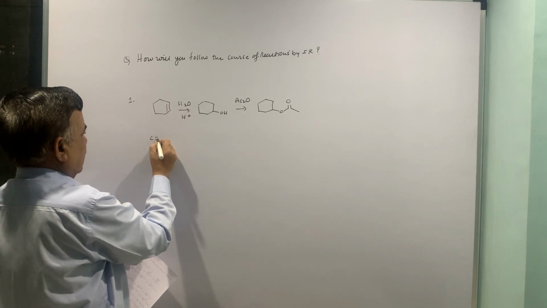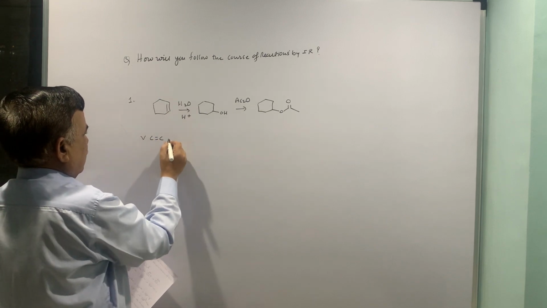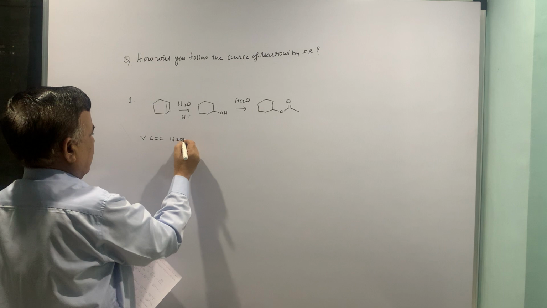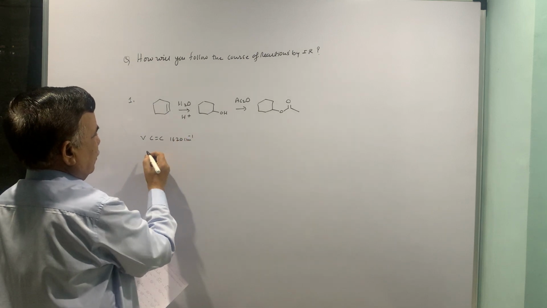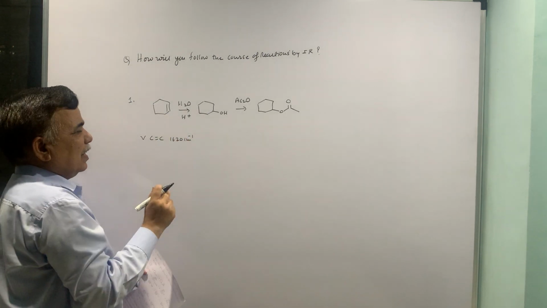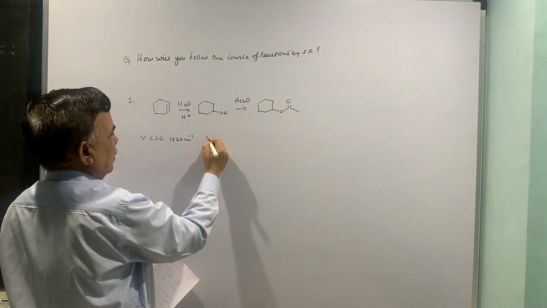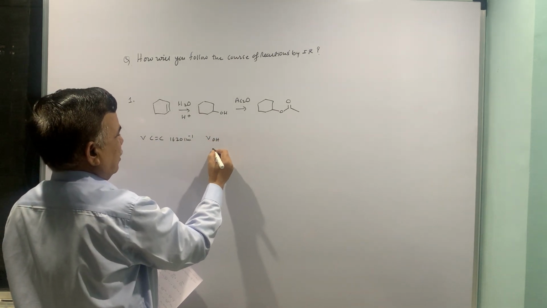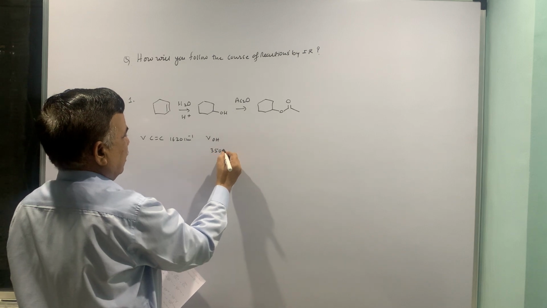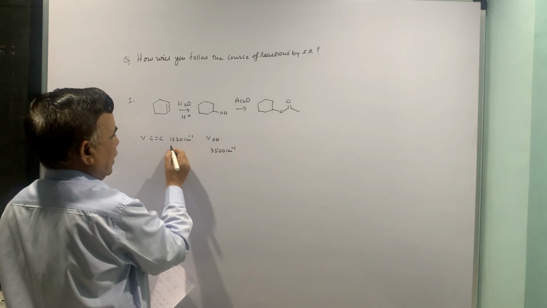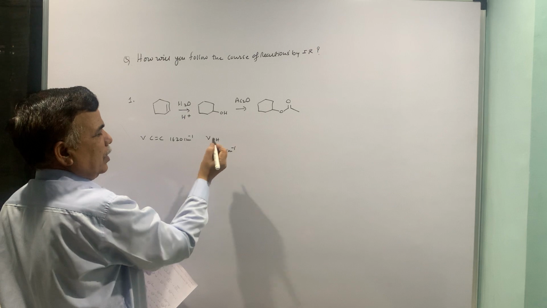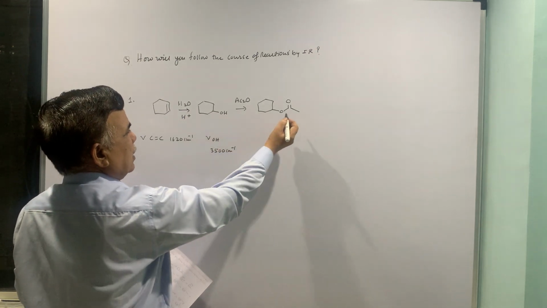So here C double bond C stretching will be around 1620. If you look at the IR of the starting compound, the moment this becomes alcohol, the OH stretching will be seen around 3500. So this peak will vanish, this will appear. That is how it is monitored, and this OH will disappear.